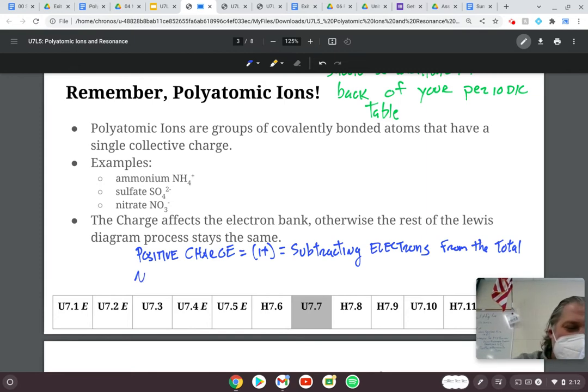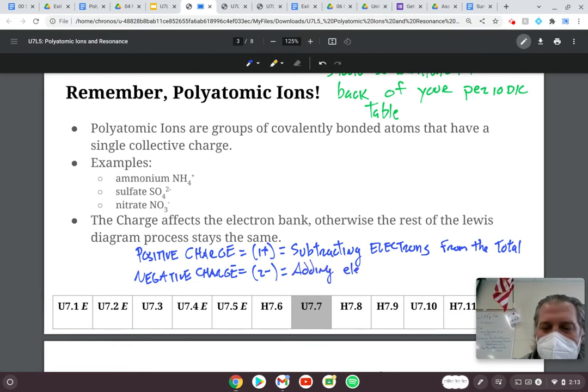And if it's a negative charge, like 2 minus, you would be adding electrons to the total.